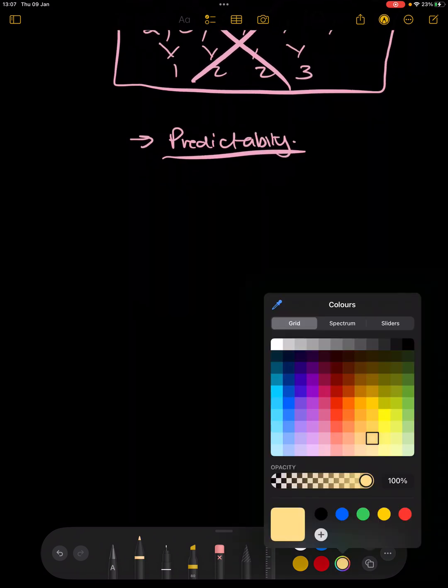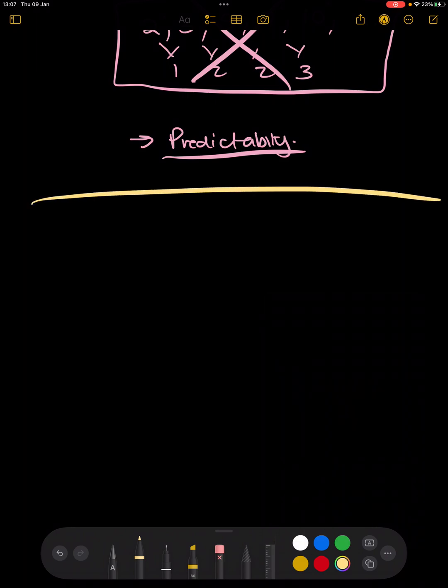So my first example is as follows. My first term in a sequence is 5 and my common difference is 3. We have to calculate the 10th term in the sequence.